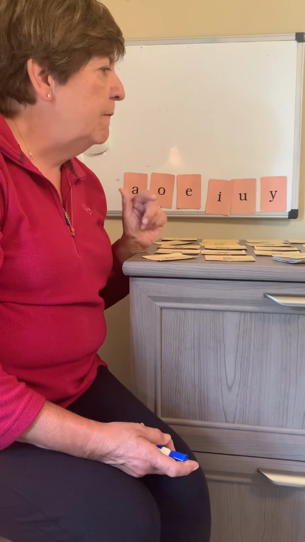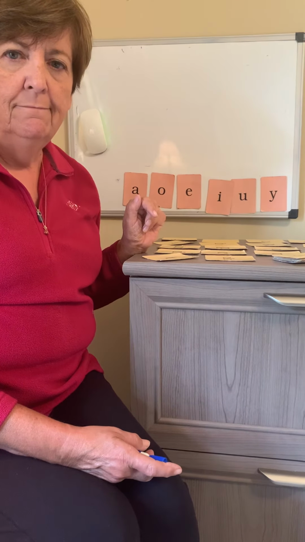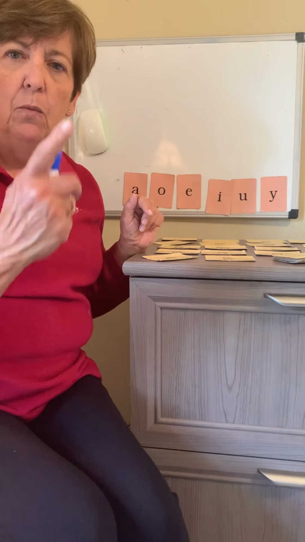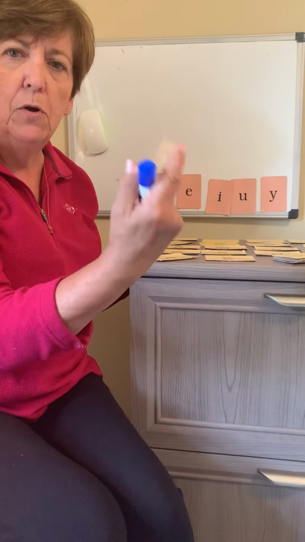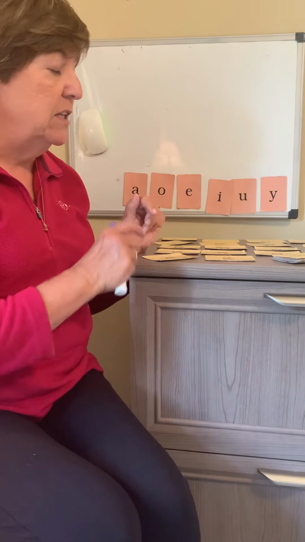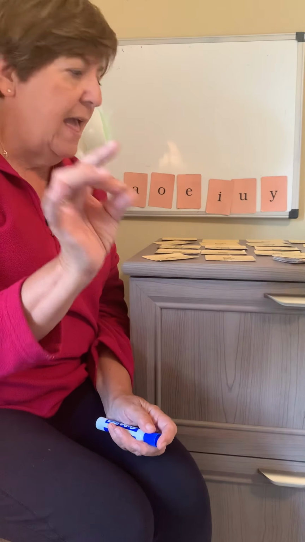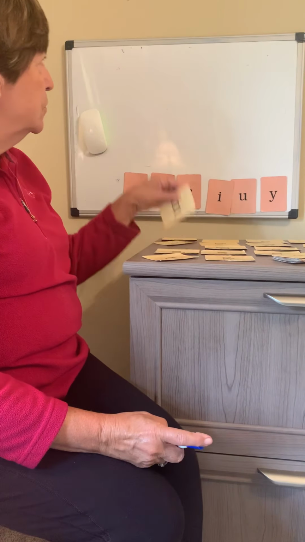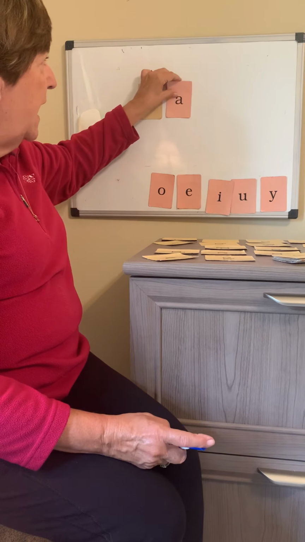So let's think about the word maple. I always love it this time of year when the maple trees send their seeds down and they look like whirlybirds. Okay, maple. Now we can tell that's 2 syllables, maple. Okay, M-A. So I would build my first syllable, ma.